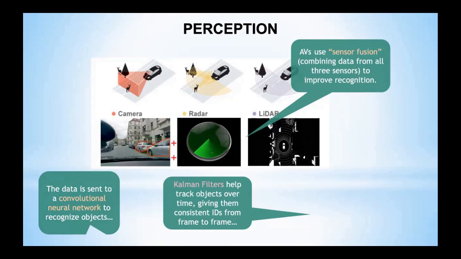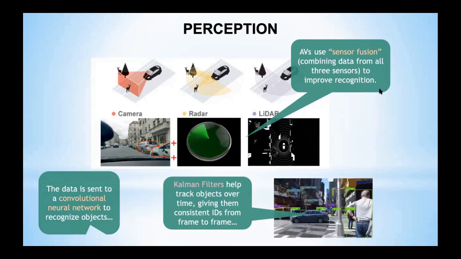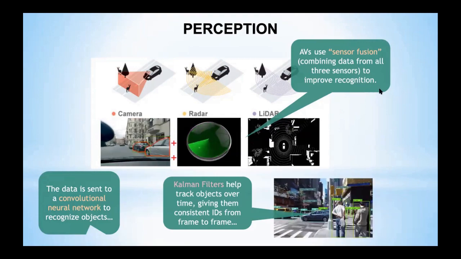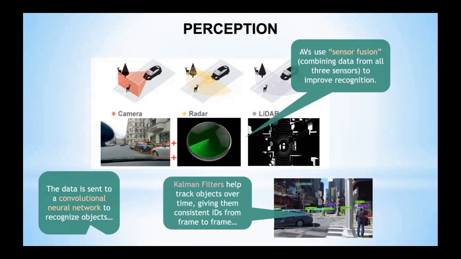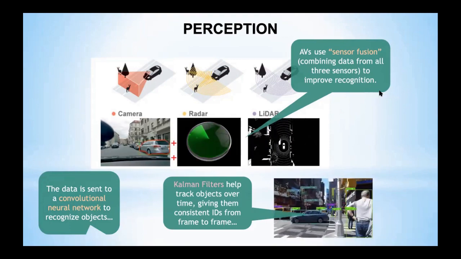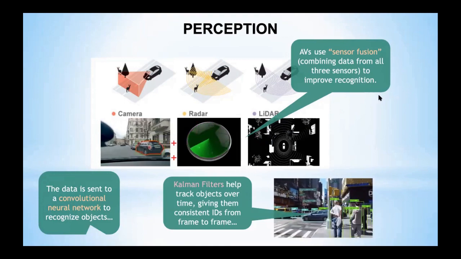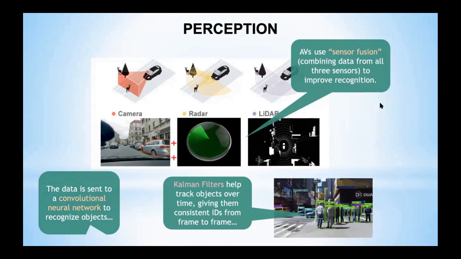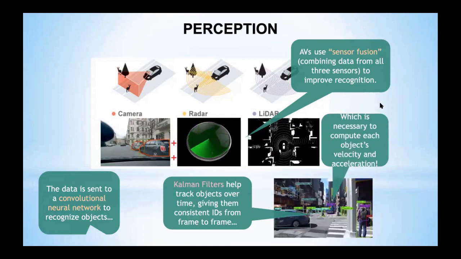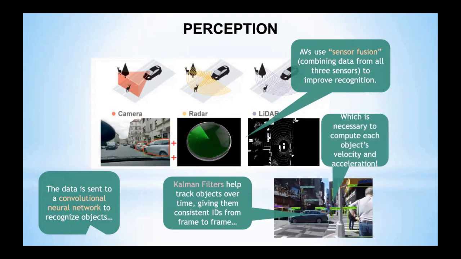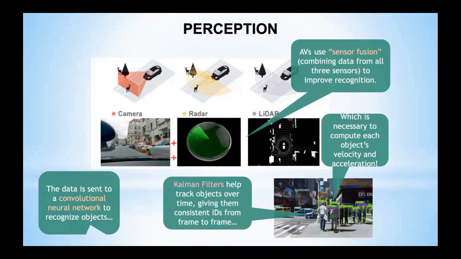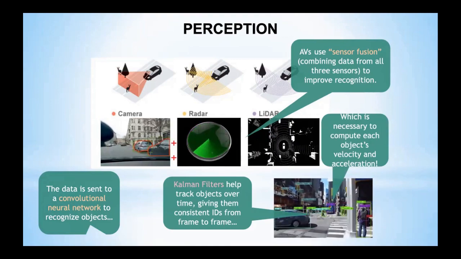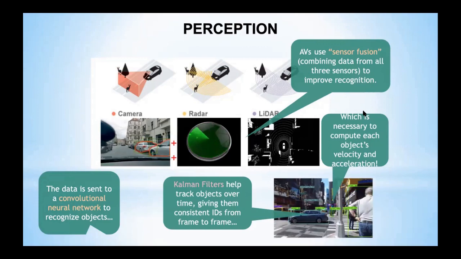So when it comes across a vehicle, it's going to give it an ID, and as the car is moving, it's going to continuously detect that vehicle or that pedestrian or that stop sign, and because it has an identification, it is able to do calculations such as velocity and acceleration because it knows that these are the same vehicles and the same objects that are moving.